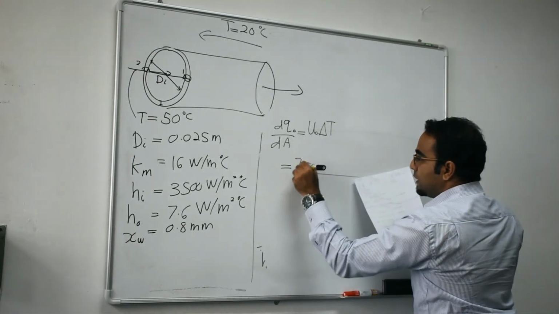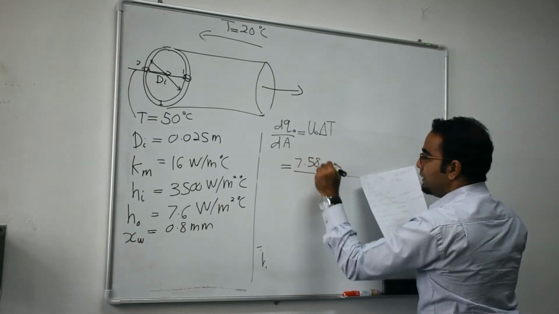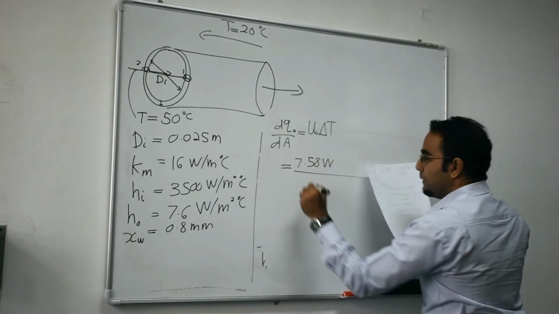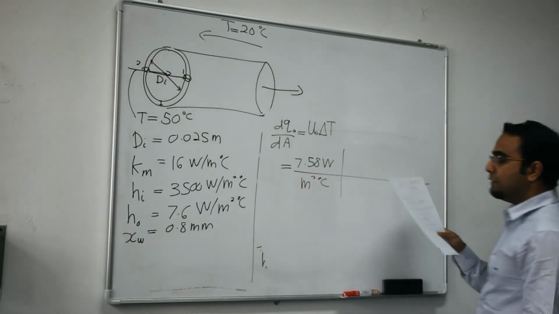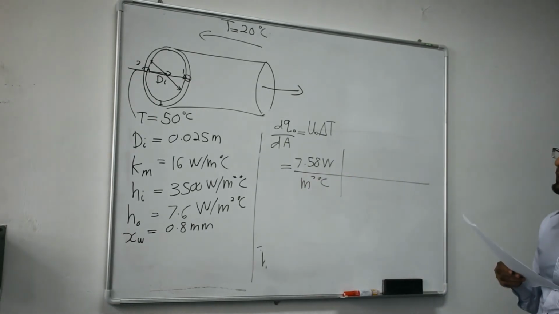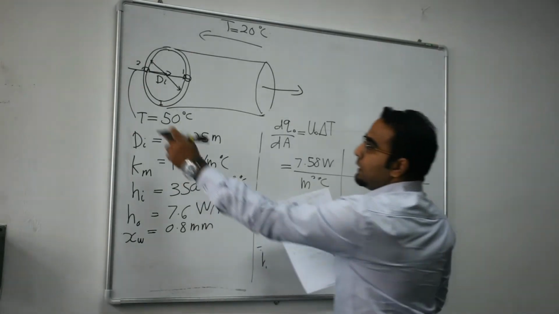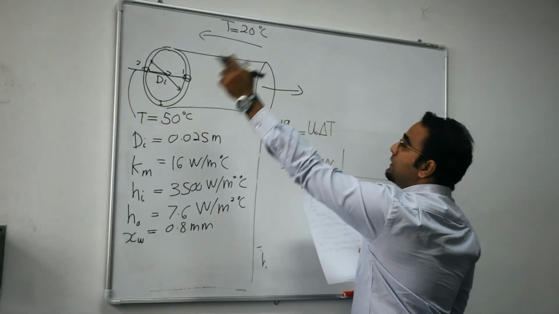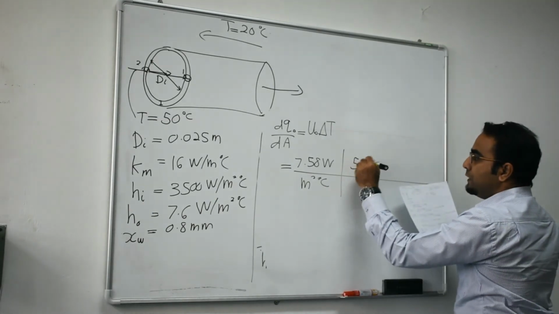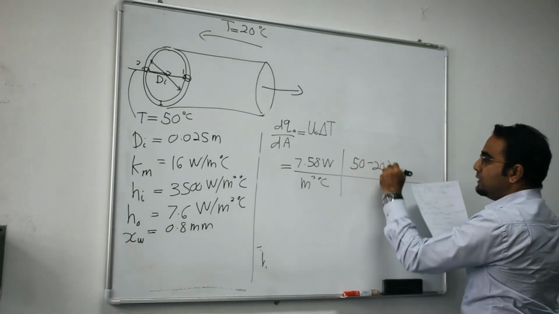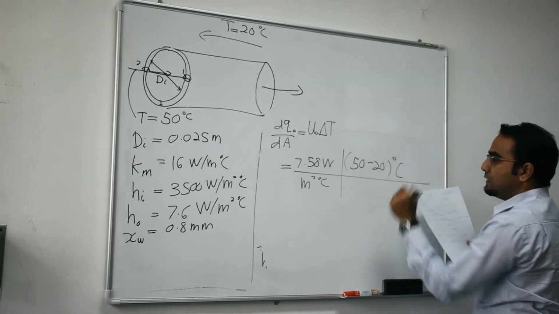So it's 7.58 watt per meter squared degree Celsius times the value of your delta T. So delta T is going to be temperature on the inside minus temperature on the outside. So 50 minus 20 degree Celsius.